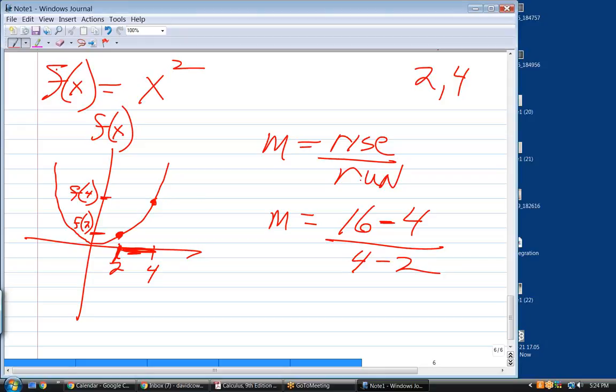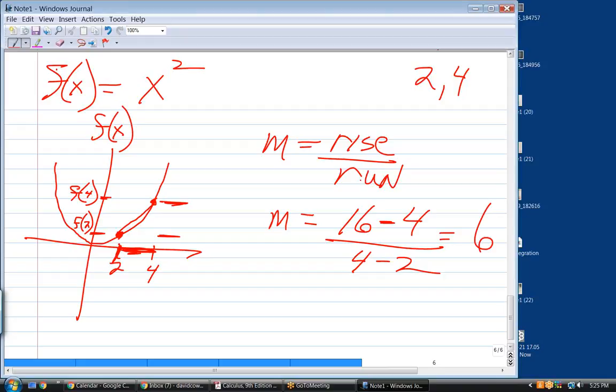This distance right here is the rise. If we want the average rate of change, I can draw a straight line between those two points, and whatever the slope of that straight line is, is our average rate of change. That ends up being 12 over 2, which is 6.